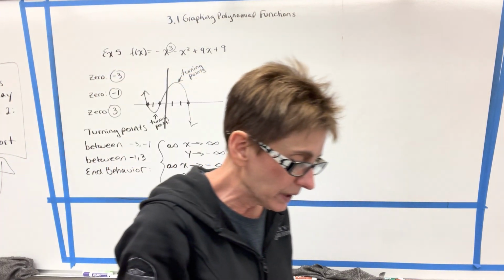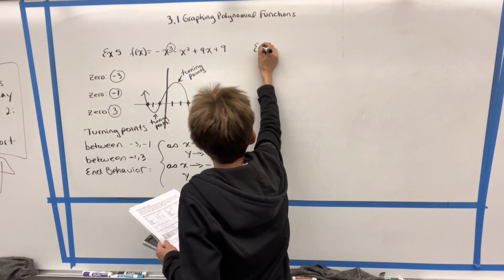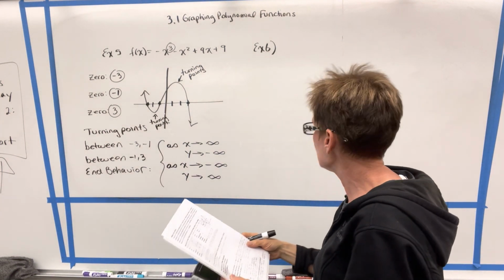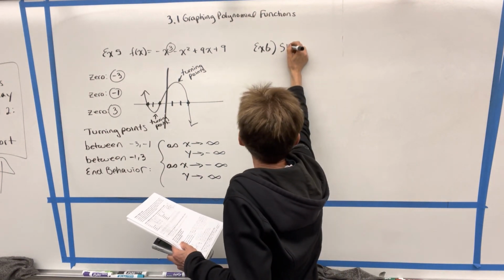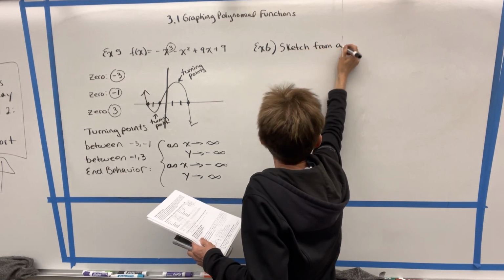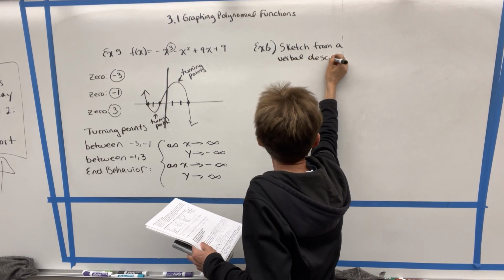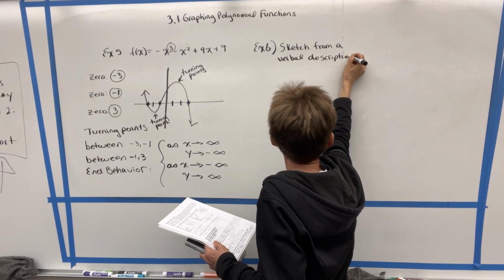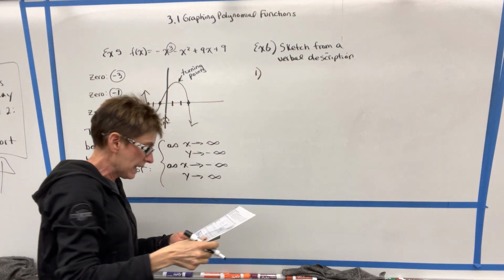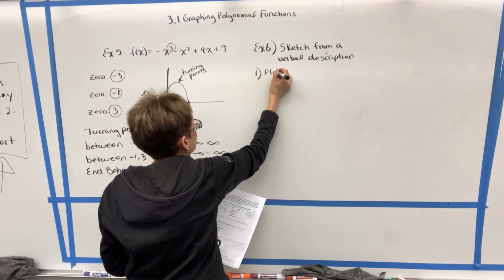Okay, so we're going to talk about one more example here. This is going to be example number 6, and that is how you can sketch a graph from a verbal description. To do a sketch from a verbal description, there are a few tips that we can follow. The first is to identify or estimate or plot the x-intercepts.